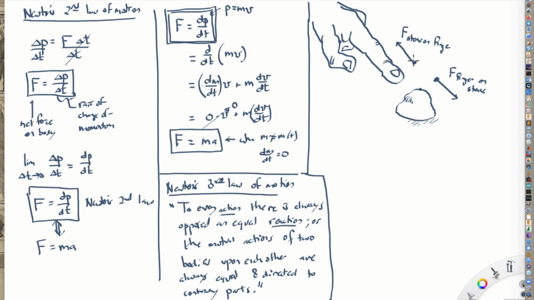So we have two separate free body diagrams. On the one hand, you have a free body diagram for the stone, with the finger force pushing on the stone. On the other hand, you have a free body diagram representing your finger, with the stone pushing on your finger. These two forces are the equal and opposite forces that Newton is talking about in his third law. They're equal in size, and they're directed to contrary parts, in opposite directions.